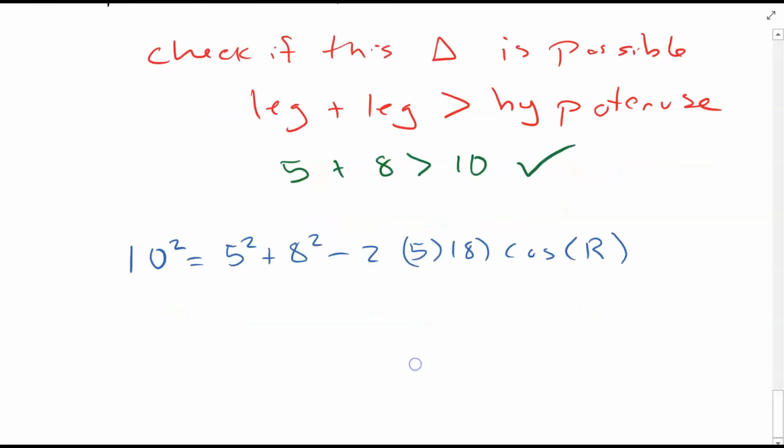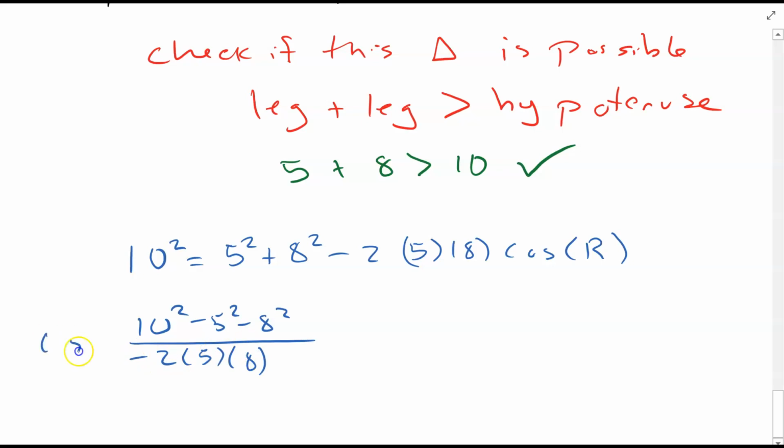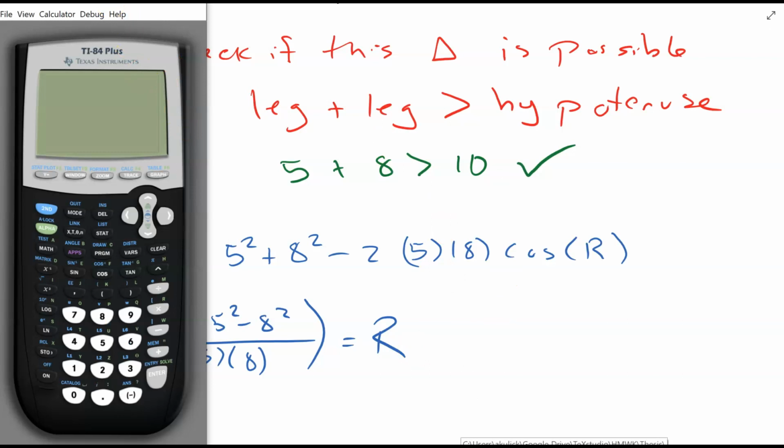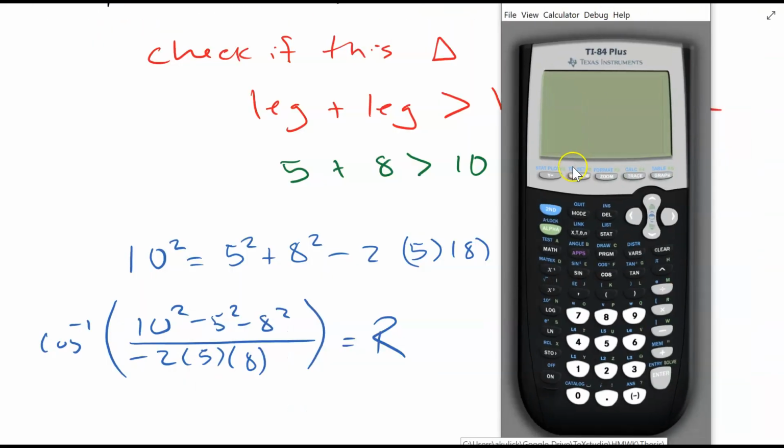So what we'd want to do is start by subtracting 5 squared and 8 squared from both sides, and then dividing by 2 times 5 times 8, and taking the cosine inverse of both sides, and that'll give me R. And again, I'm going to type that into my calculator in one line exactly as it's written. And if I use that fraction command, it's not difficult to get that in there.